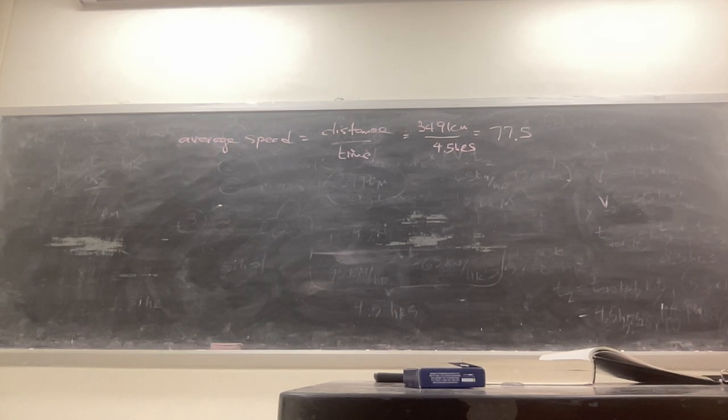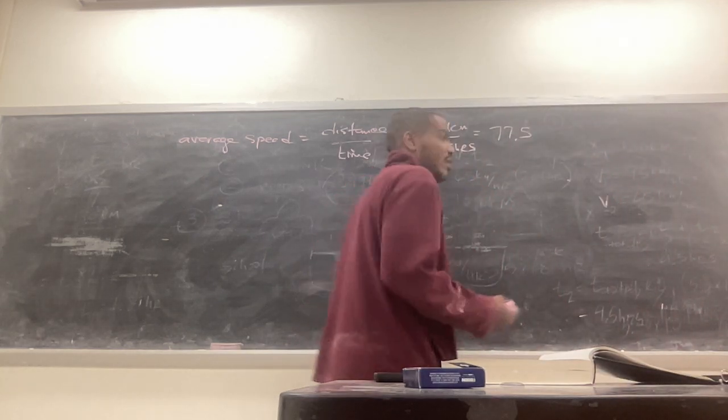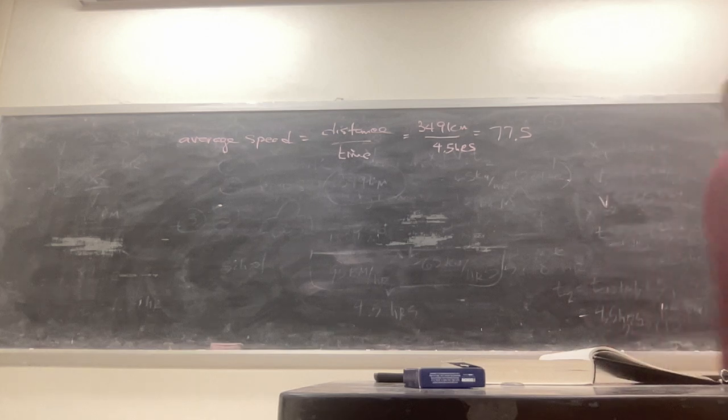Because I know that we're talking about a vehicle that was traveling at 95 kilometers per hour at first, then at 65. So if I ask you, well, what was the average speed, and you say it was 7 kilometers per hour, then I'm gonna say, what? They was traveling at 95, then at 65, and you telling me the average was 7?